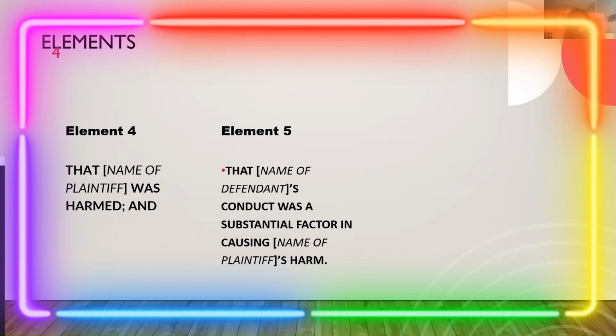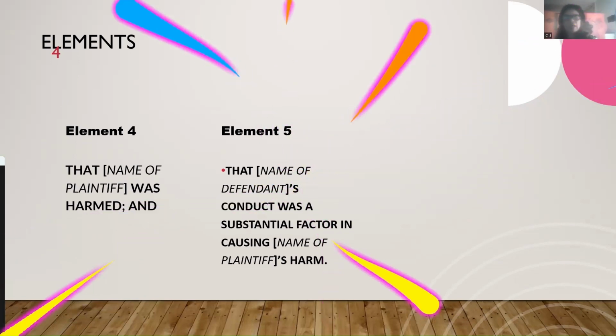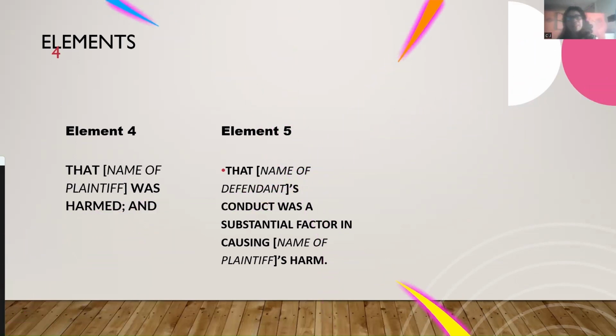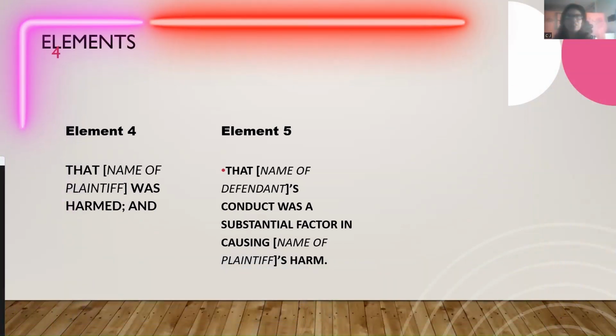And then element number five, that the defendant's conduct was a substantial factor in causing the plaintiff's harm. Those are the five elements. Substantial factor is a phrase that I will be defining in the future. It has a legal definition.